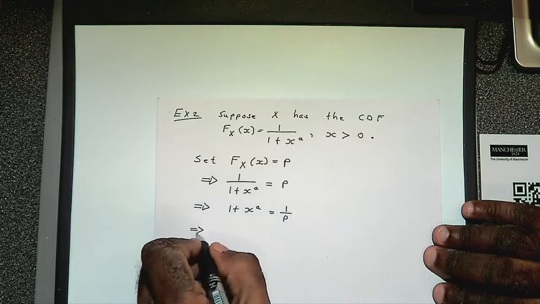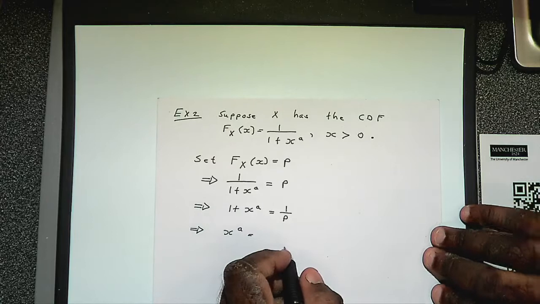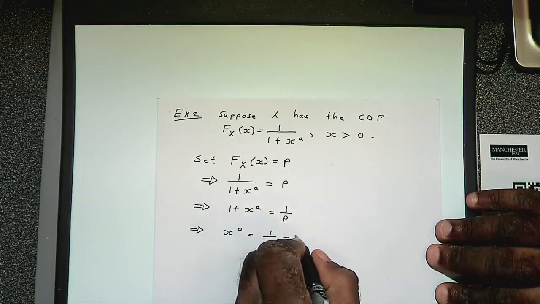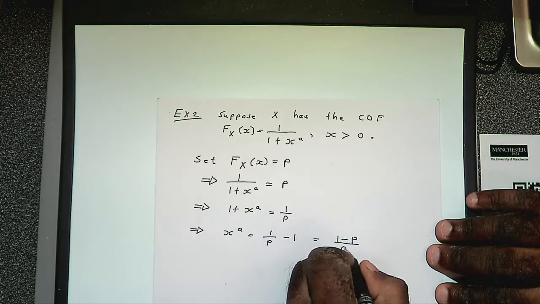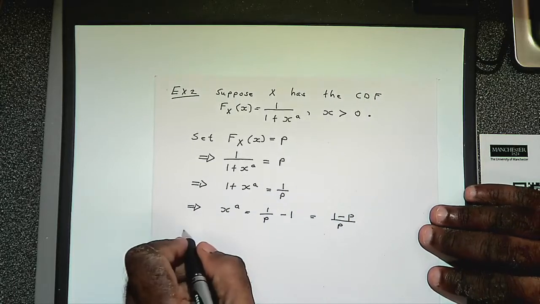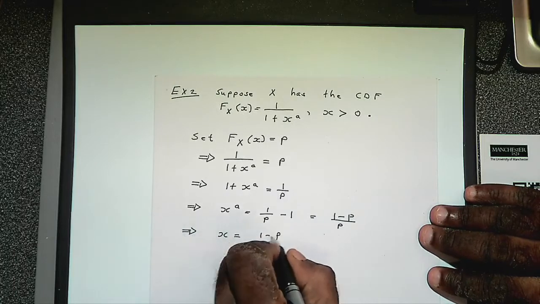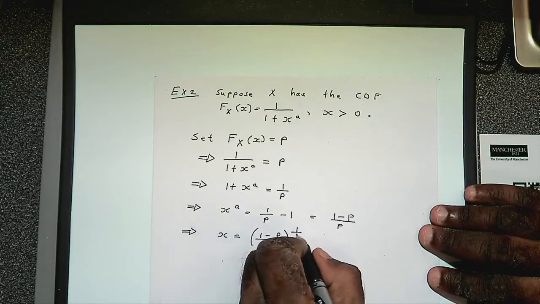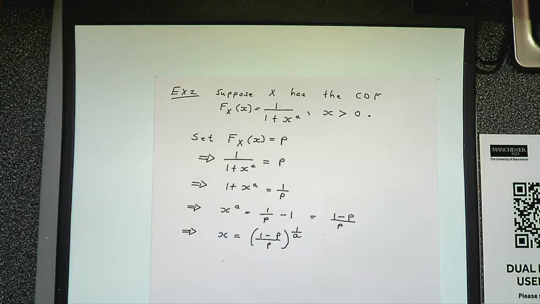So x, I'm doing it slowly, but I can do it a lot faster, I just want you to follow. So x is equal to yeah. You okay guys so far? Let me know if you're not.